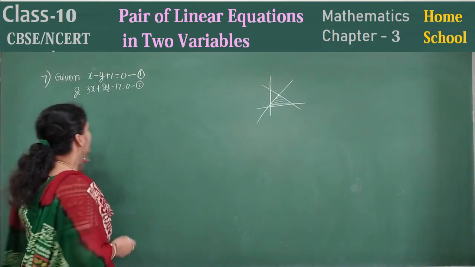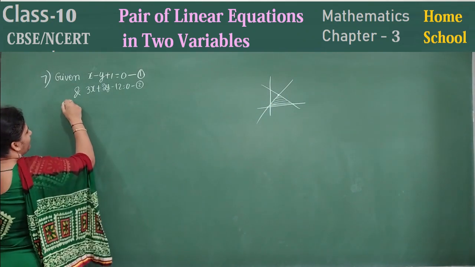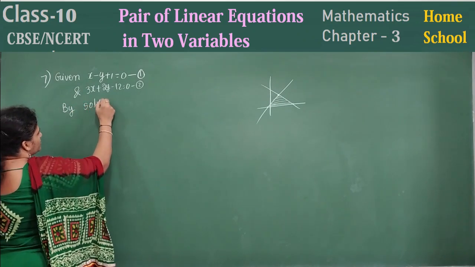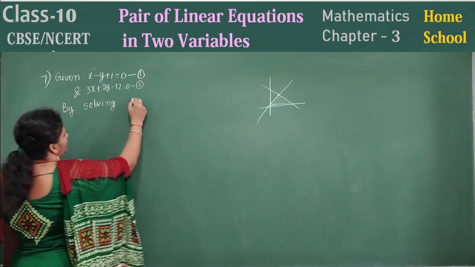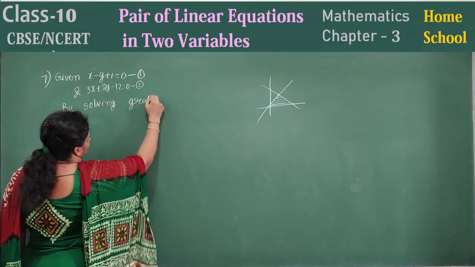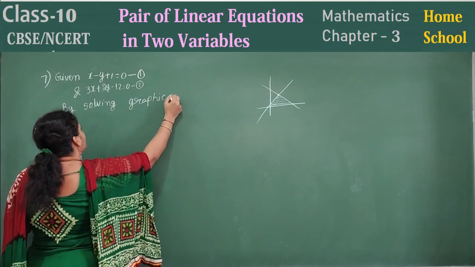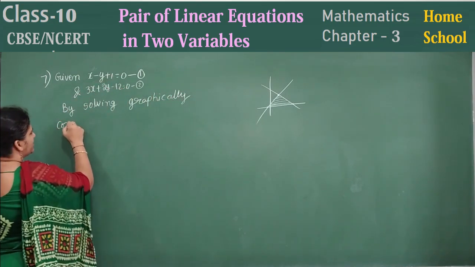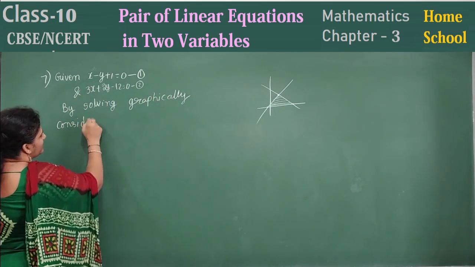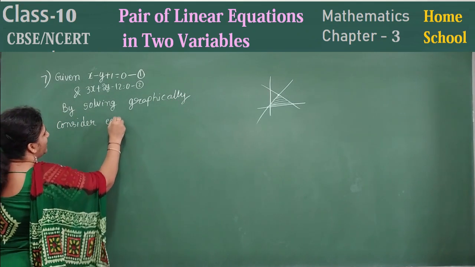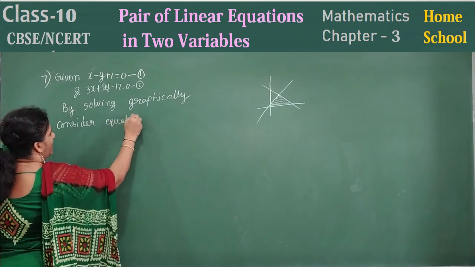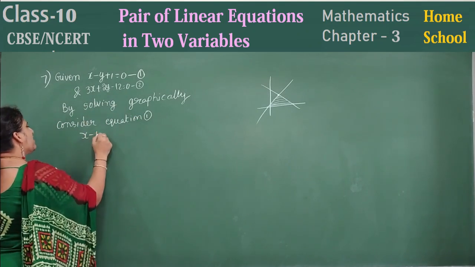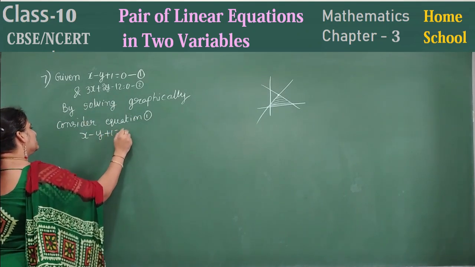So let's see here. By solving these two equations graphically, let's take the first equation. Consider equation 1, that is x minus y plus 1 equal to 0.